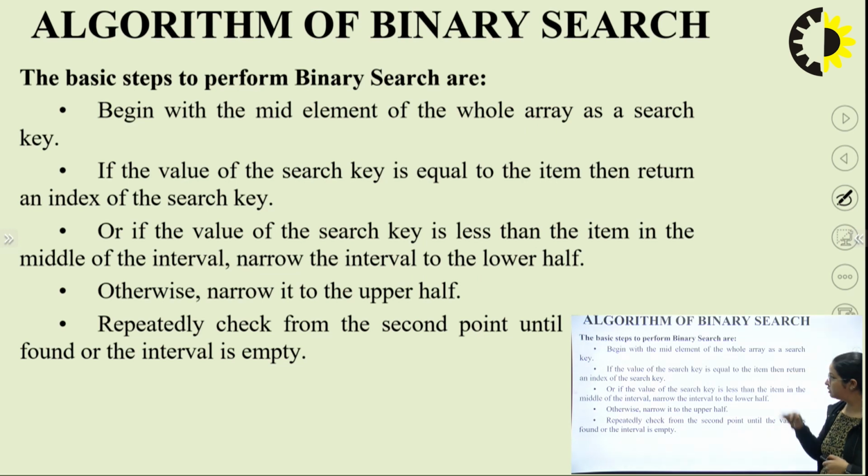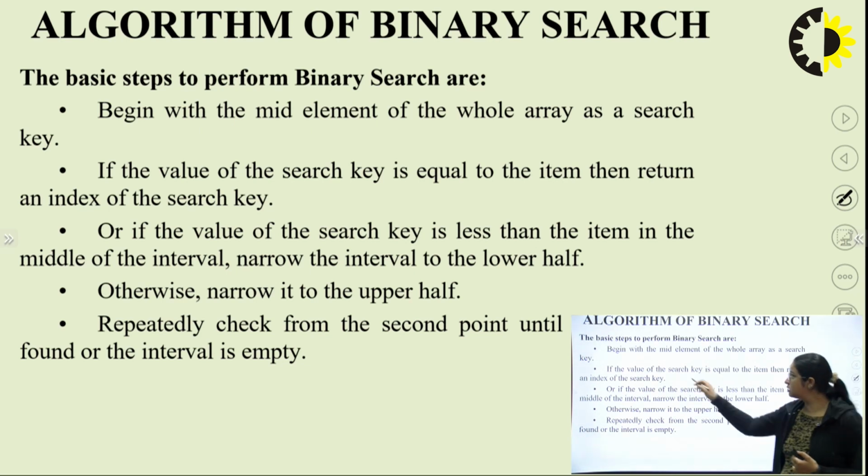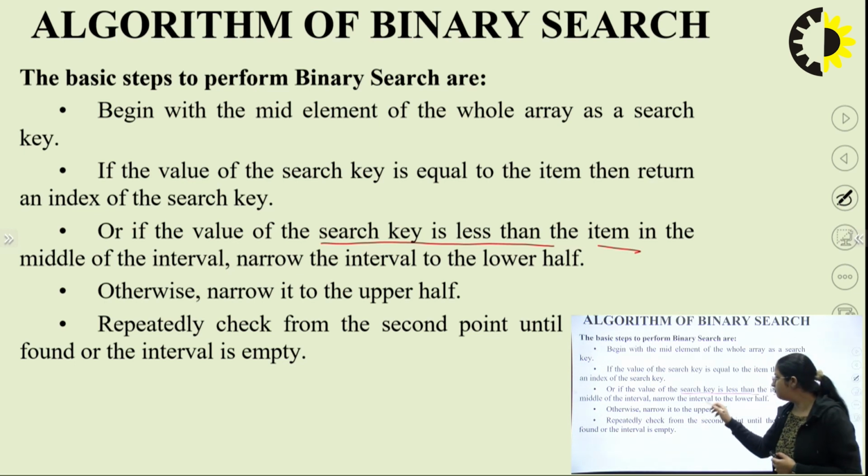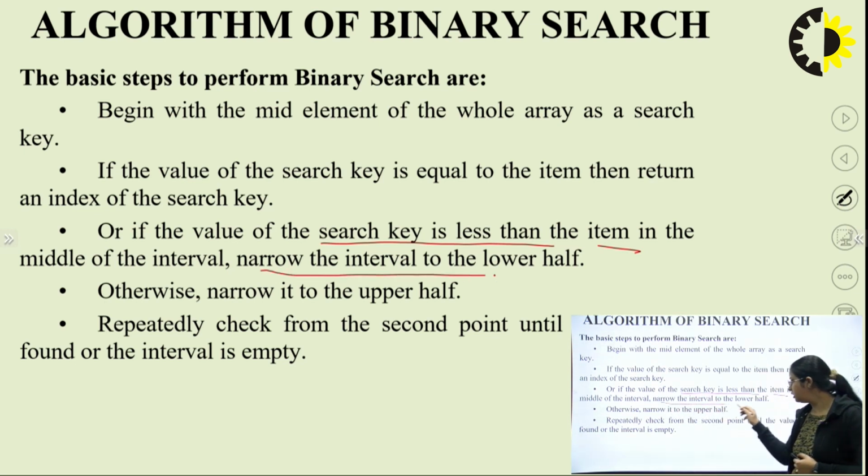So this is the algorithm of binary search. At the beginning we have to find the mid element, and after that we have to check whether the search key is equal to the mid element or not. As I have already discussed, if the search key is less than the item, then we have to narrow the interval to the lower half.